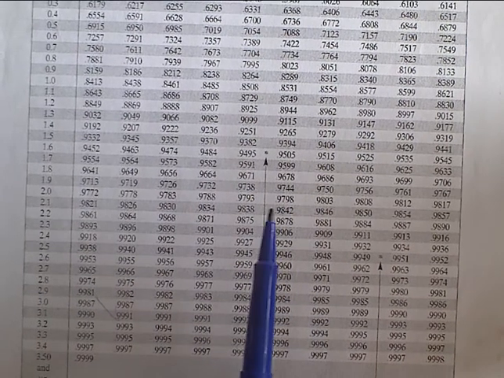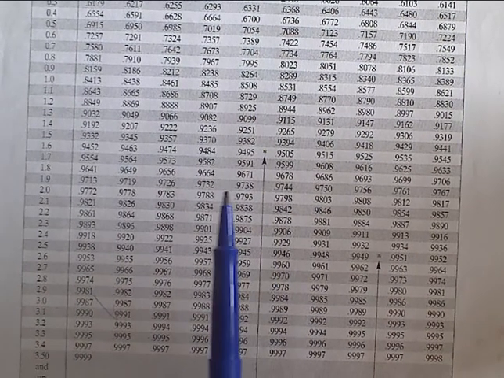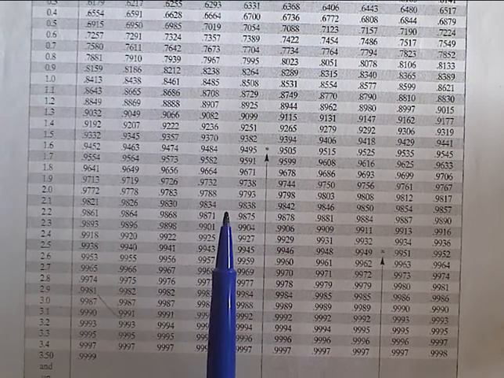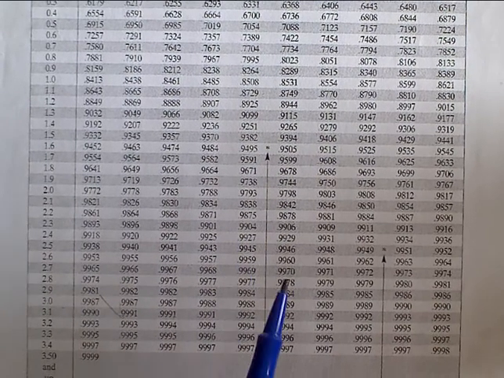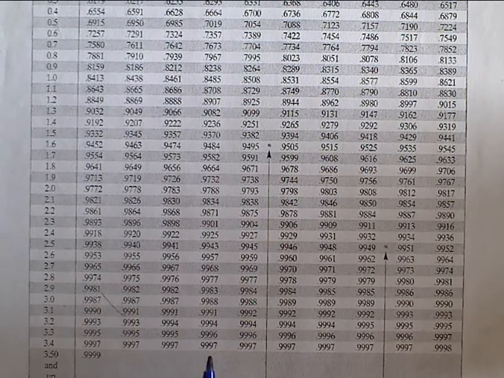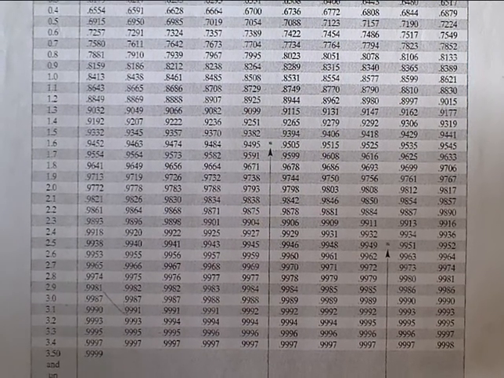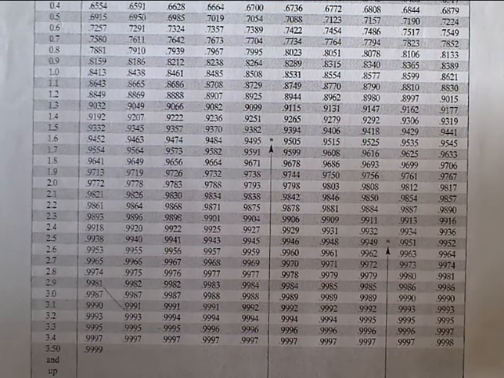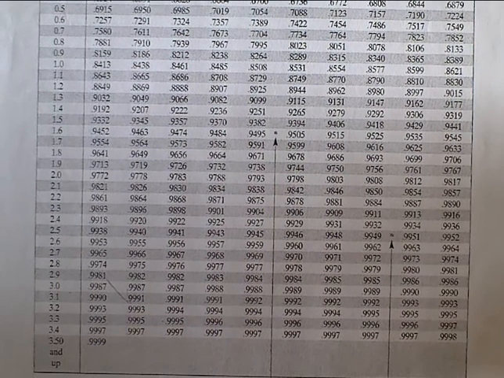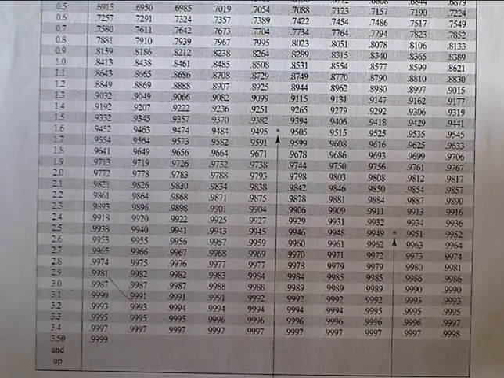Those are some of the special z-scores that we might see in this course. They represent some special values associated with some confidence levels, things that we would get into in chapter 6.